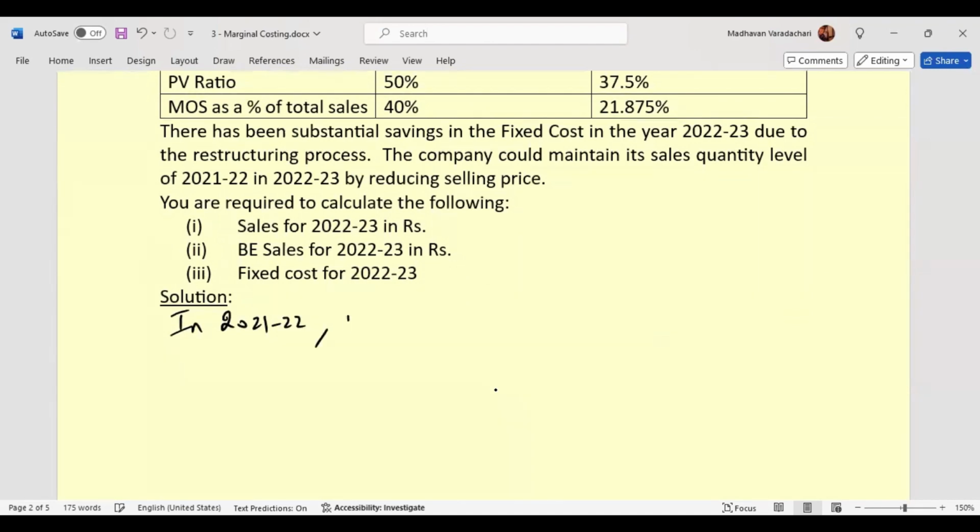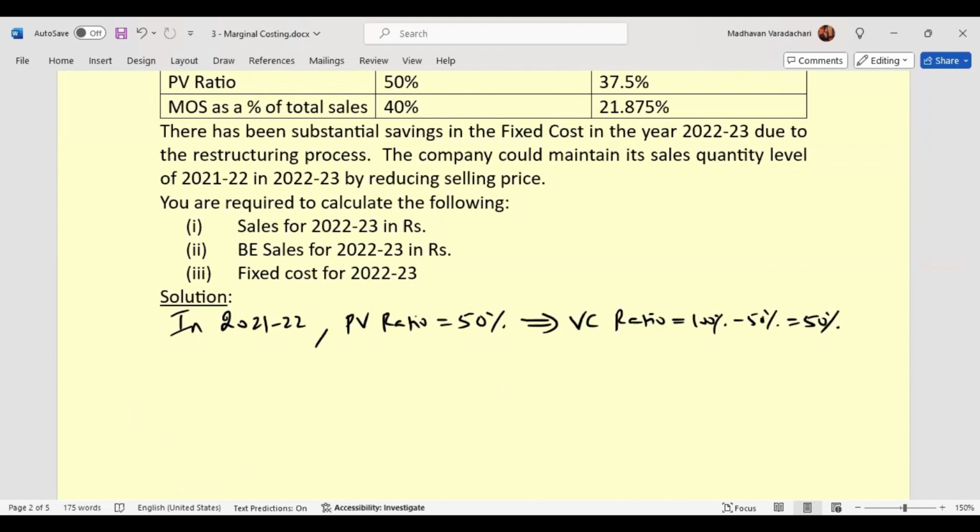In 2021-22, PV ratio is given as 50%, which means variable cost ratio should be 100% minus 50%, which is 50%. This 50% is the PV ratio.